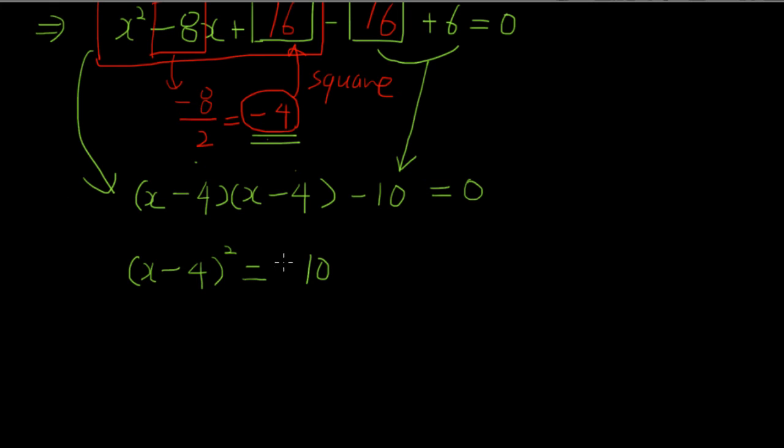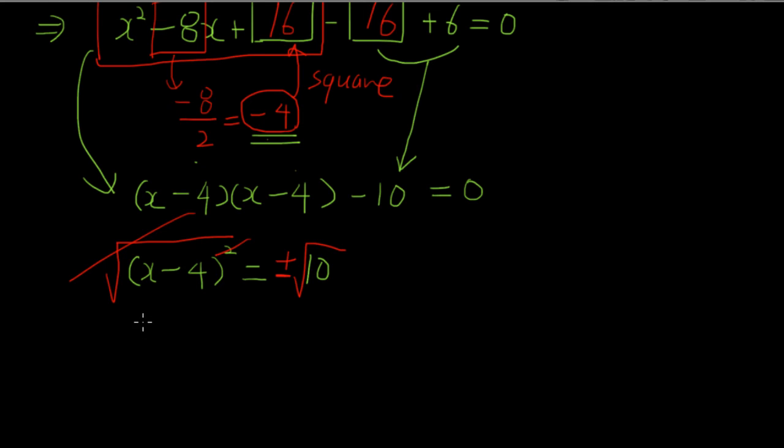Leave some room here for taking square root and all that. So what's the next step? We're going to take the square root here, take the square root here. Whenever we take the square root, we need this automatic plus and minus. Right? Always like that. And then square root and square will cancel out.